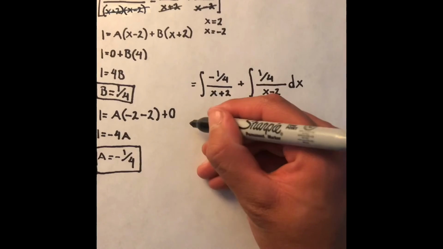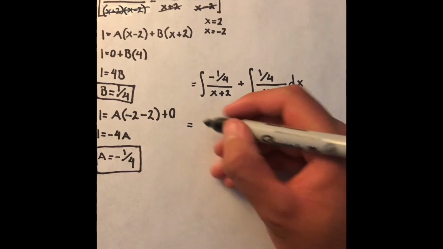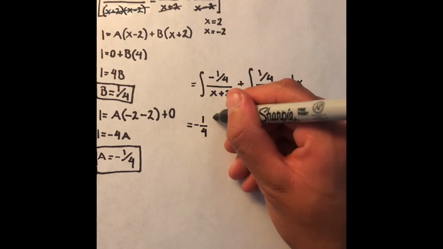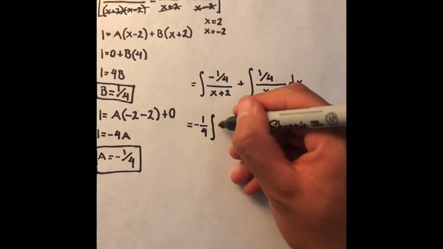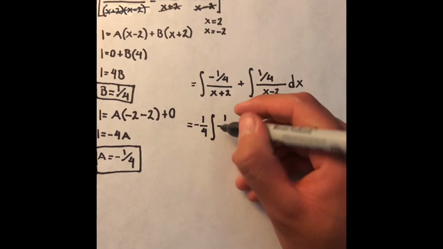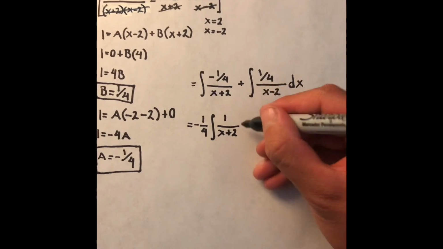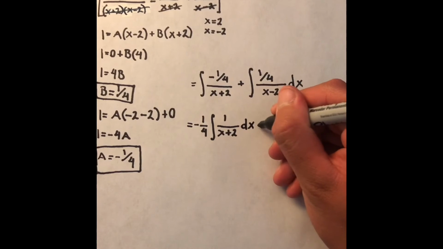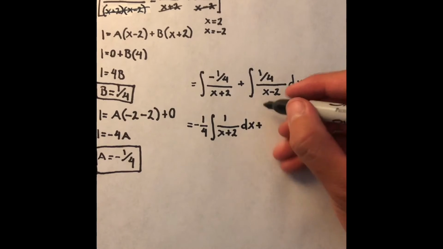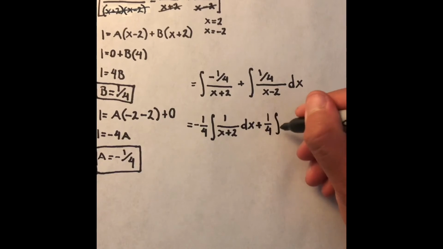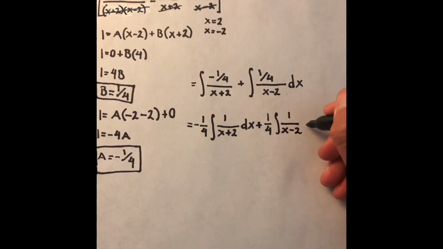This is going to be -1 over 4 times the integral of 1 over x plus 2 dx, plus 1 over 4 times the integral of 1 over x minus 2 dx.